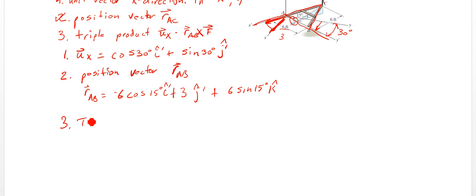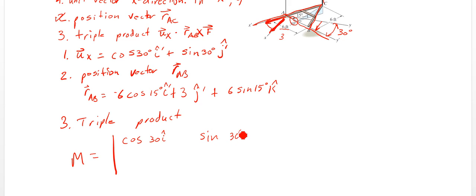So step 3, triple product. If you recall from class, the moment equals a determinant where, instead of i, j, and k up here, we'll have the components of our unit vector: cosine 30, sine 30, 0.